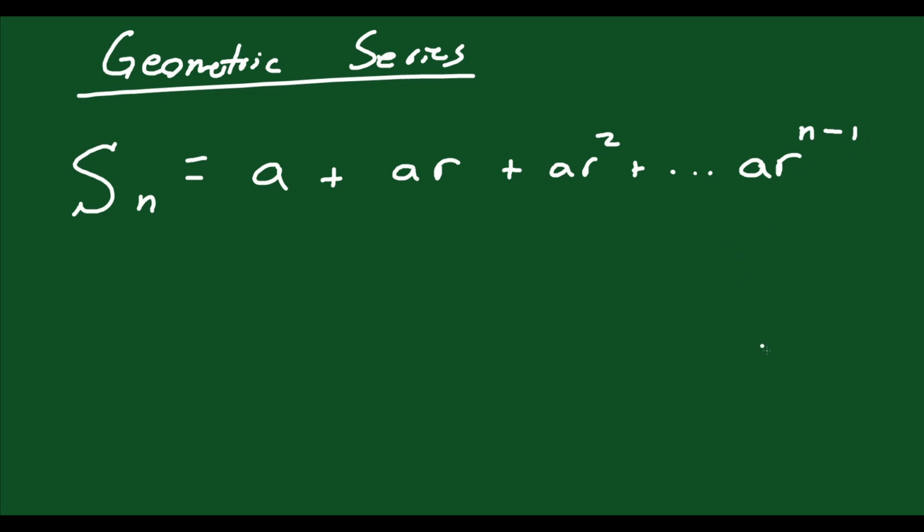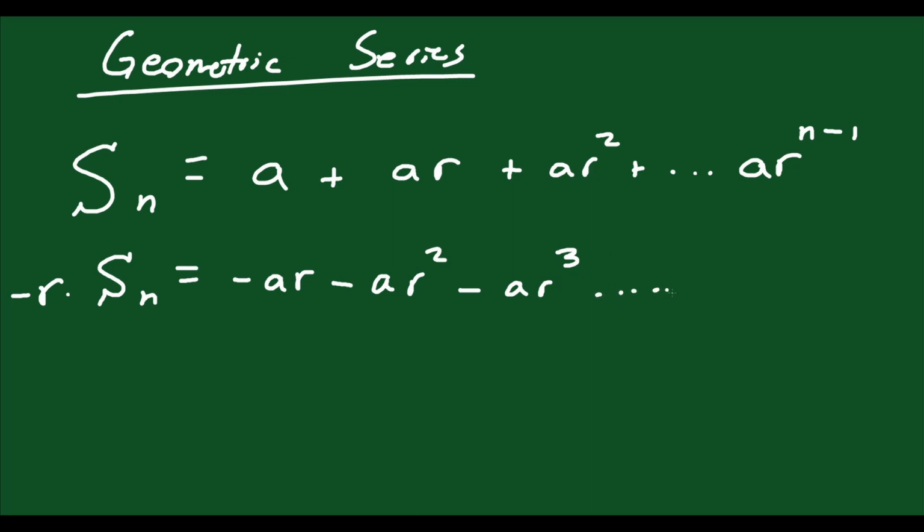Does that make sense? So now that you have this, you could say, all right, now I'm going to multiply that entire series by negative r. Okay, so bear with me here. Let's see what happens. Well, you get negative ar minus ar squared minus ar cubed, right?